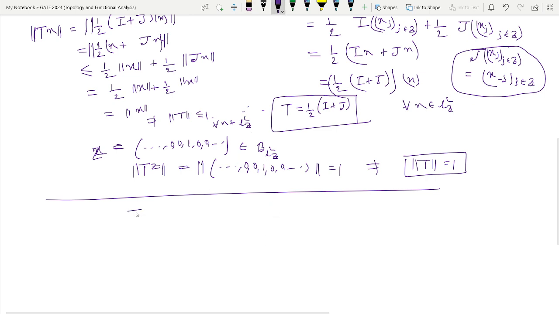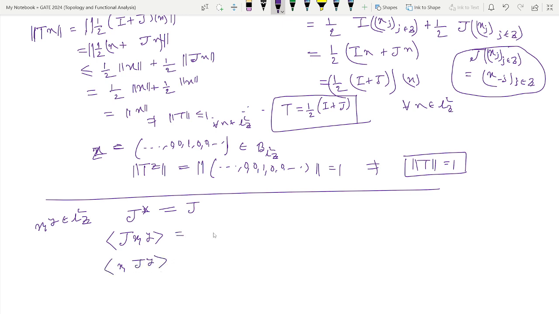So here this J will be our self adjoint operator, that is J star will be equal to J. We first prove this. So simply take arbitrary elements x, y belonging to l2(Z), and we will calculate what is our inner product of Jx, y and what is our inner product of x, Jy.